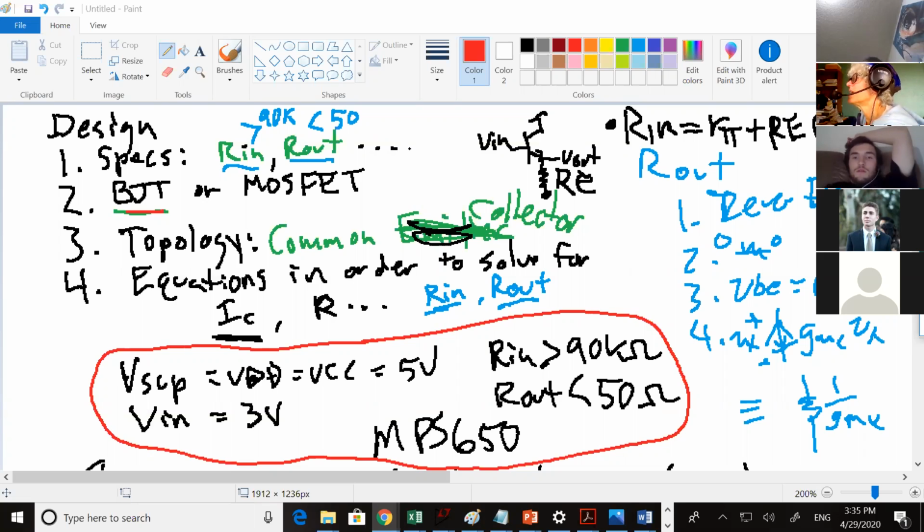And then for the next diagram, I always write in VBE also. In this case, you don't need it, but sometimes when you start putting resistors in parallel and moving them around, you lose track of where VBE is. If the dependent current source still depends on VBE, it's nice to keep track of that.